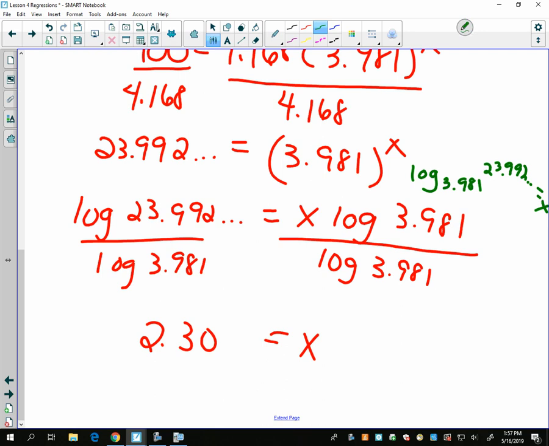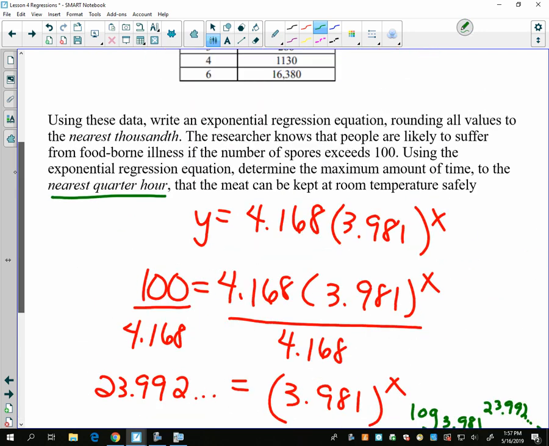All right, so now to the nearest quarter of an hour. What's a quarter of an hour? 0.25. So it's 0.25, then the next quarter would be 0.5, and then you're rounding to the nearest minute, right? That's also 15 minutes, right? So 30 minutes, and then 45 minutes.